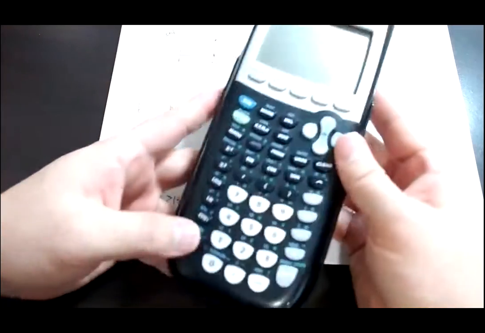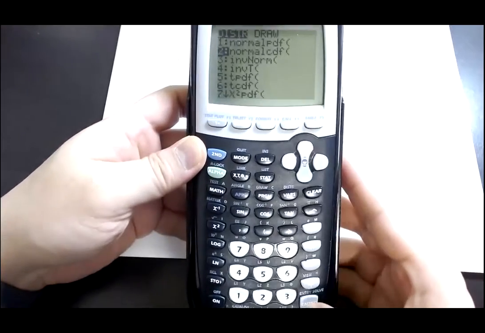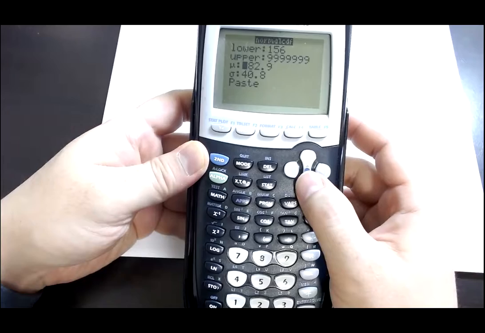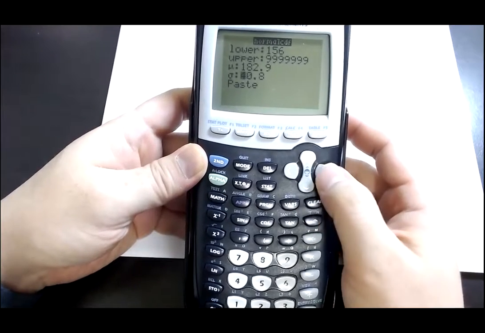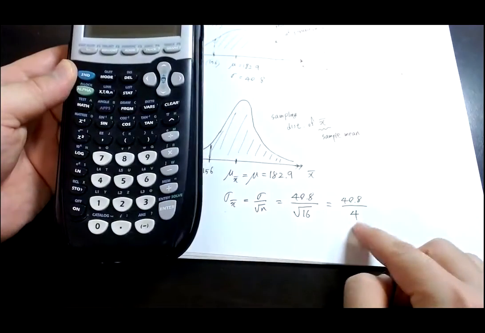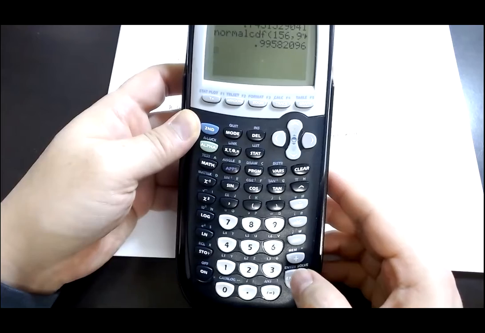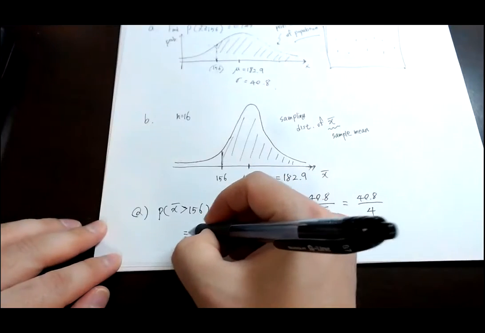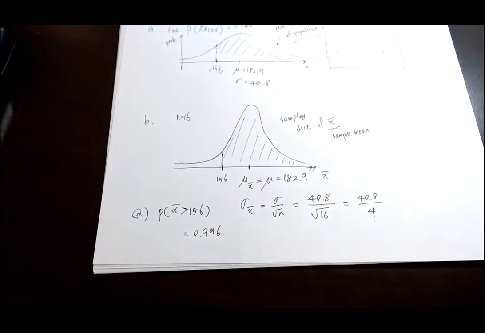So we go to the distribution menu, and you see the normal CDF right there. So lower is 156, upper 999, mu 182.9, exactly the same as before, but sigma is not this. It's 40.8 divided by 4. So we got 0.995 and so on. This is approximately 0.996. I just round up.